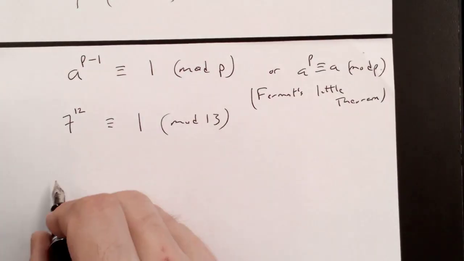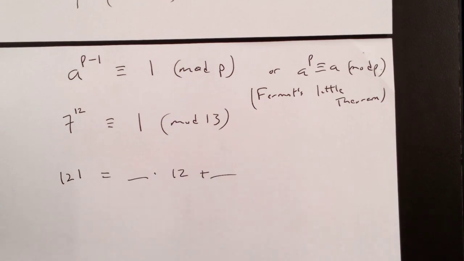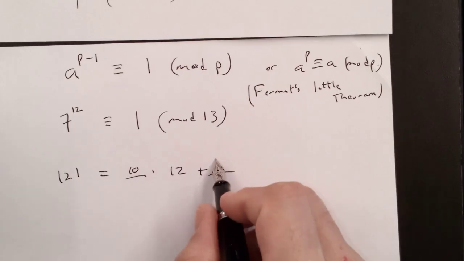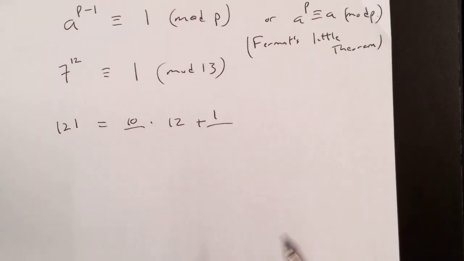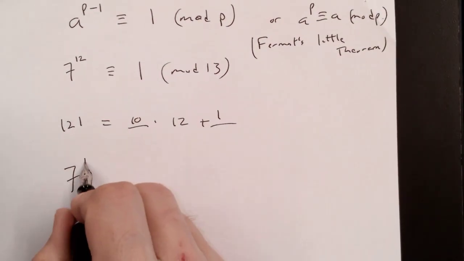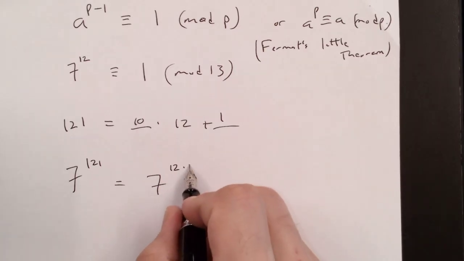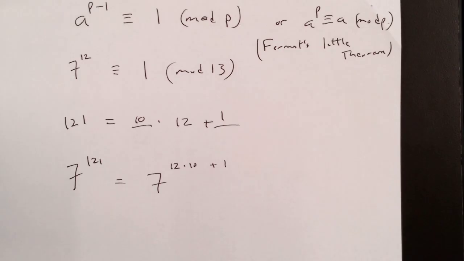Answer, I write 121 as something times 12 with something left over. Quotient remainder again. What's my quotient? What's my remainder? So I can think of 7 raised to the 121st power as 7 to the 12 times 10 plus 1.